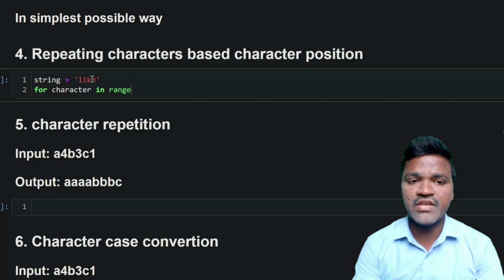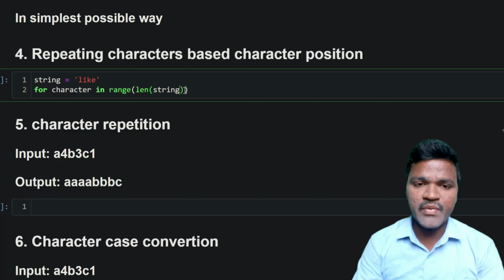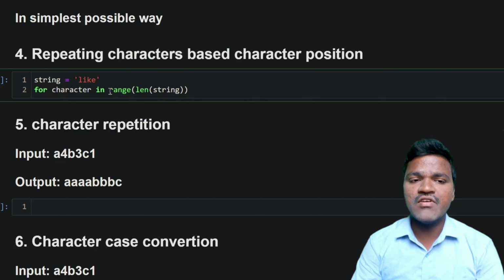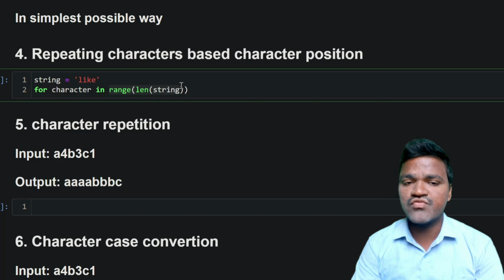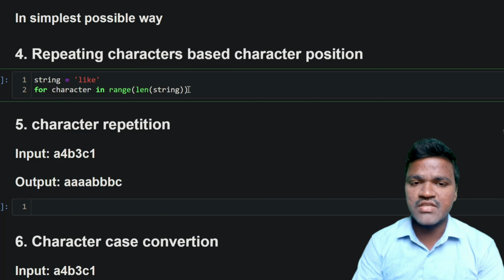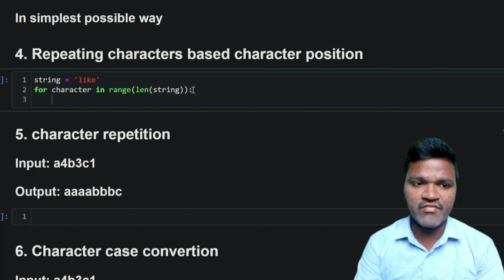For that reason we will be using the range function and the length. Here, by using the len method we can get how many characters we have inside this string, which is 4. By using range we will be starting the range of values from 0 to 3. In such a way we can get all of these indexes. By using those indexes we can get the values, right? So that is the idea here.